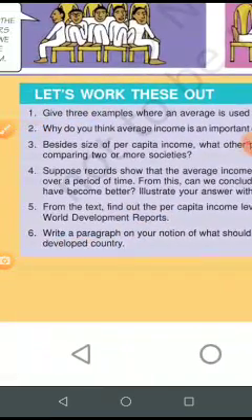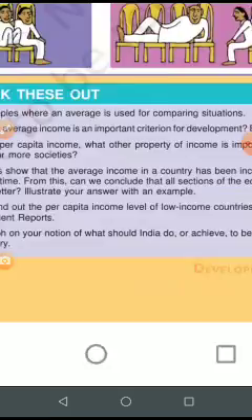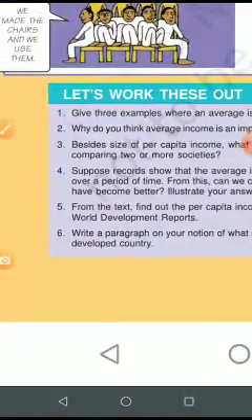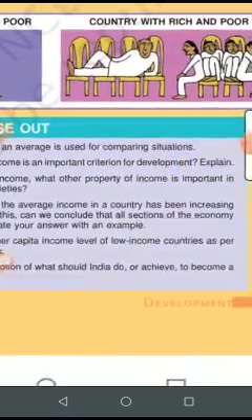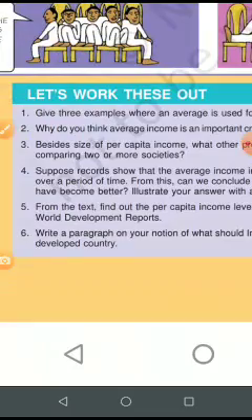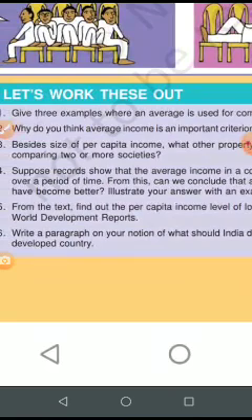And then suppose records show that average income in the country has been increasing over a period of time. From this, can we conclude that all sections of the economy have become better? Illustrate your answer with an example. While answering these questions, keep in mind that you also give the calculations and examples. Proper examples are definitely needed.